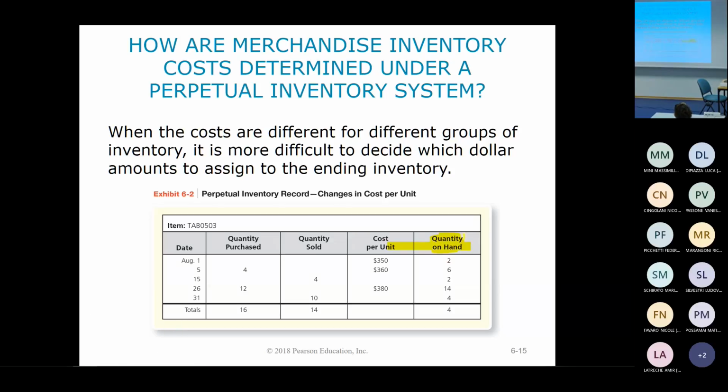It's not like we change the quantities, but we need to determine the value of the ending inventory, 4 units, and the value of those sales, 4 units on August the 15th and 10 units on August the 31st. So we need to apply some of those inventory costing methods to this program.